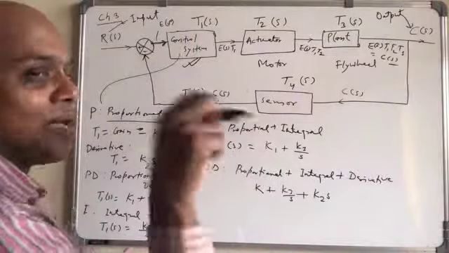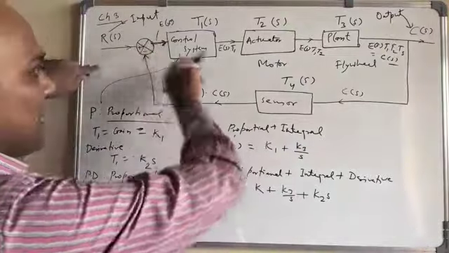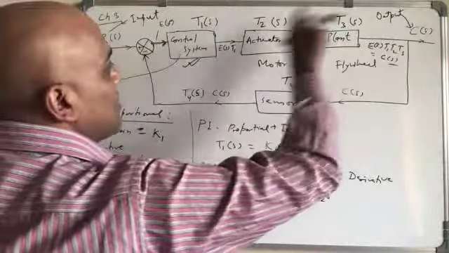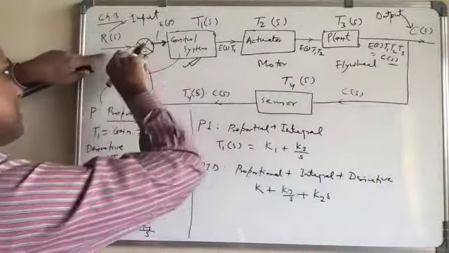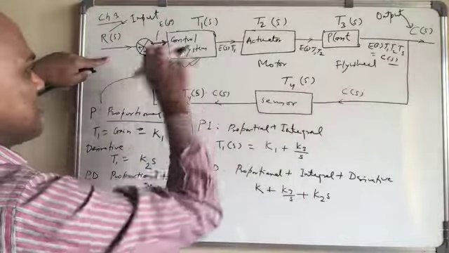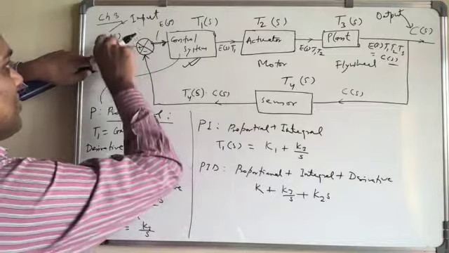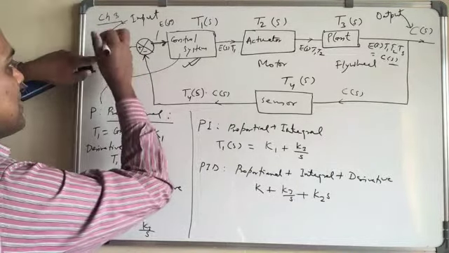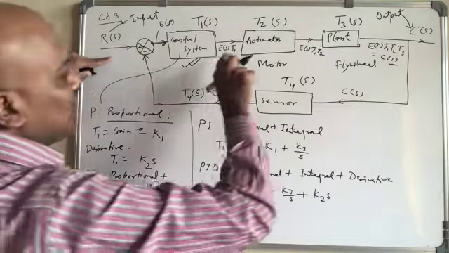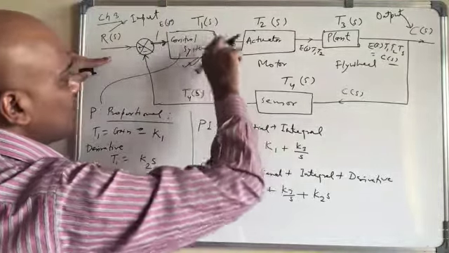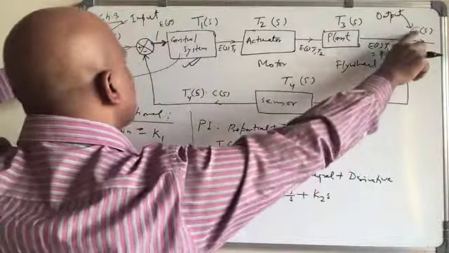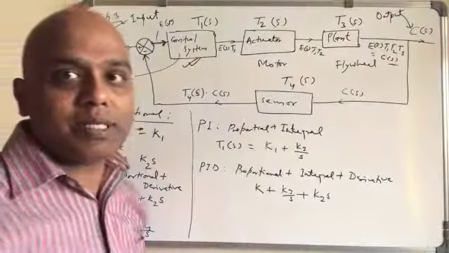It means we want to have control over C(S) by this control system. That really means this is the required position R(S), and this automatic control system will work in such a way that C(S) will be close to R(S). That's what it means.